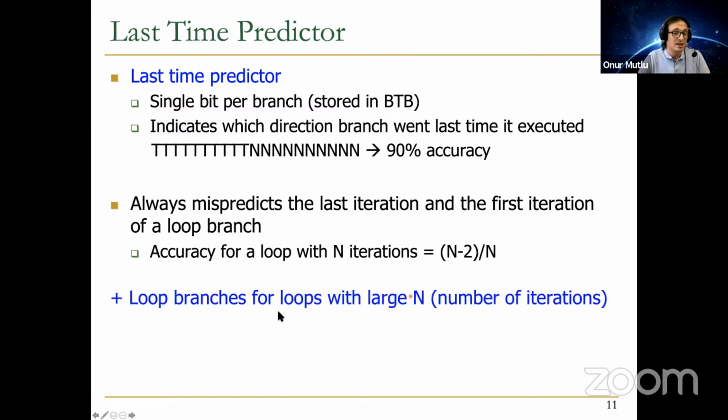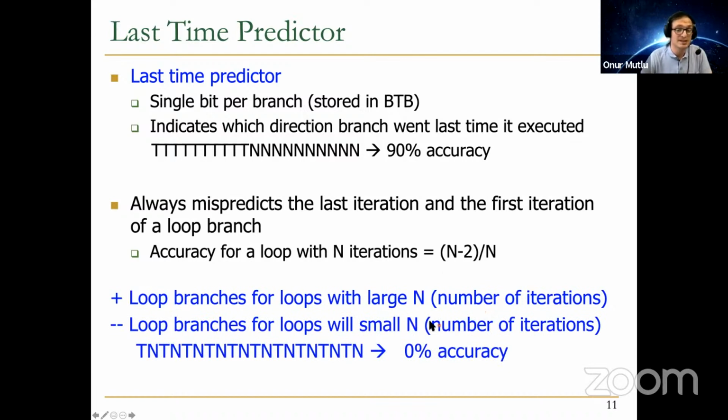So for loops with a large number of iterations, this is great. But for loops with small n, a small number of iterations, in the worst case you get 0% accuracy. So this is clearly the Achilles heel of this last time predictor, right? You take the branch, and in every instance, the branch changes direction when it's executed.